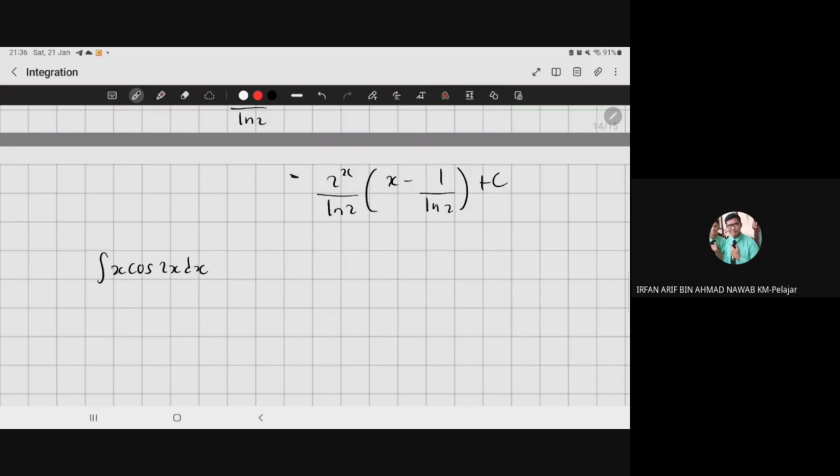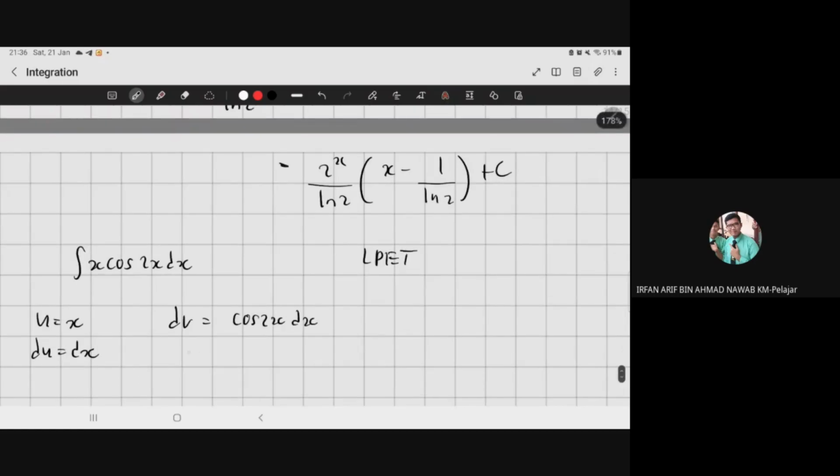Okay, now by applying LPET, we prioritize polynomial, then the trigonometry. So let u is equal to x, du is equal to dx, and here will be dv is equal to cosine of 2x dx, and here will be v is equal to sine 2x over 2.